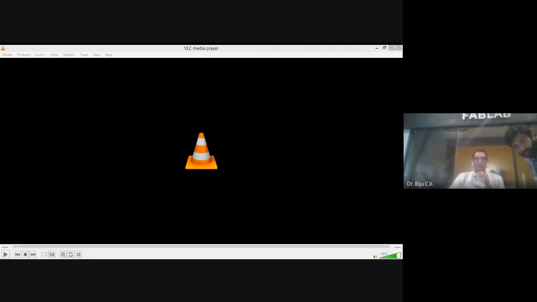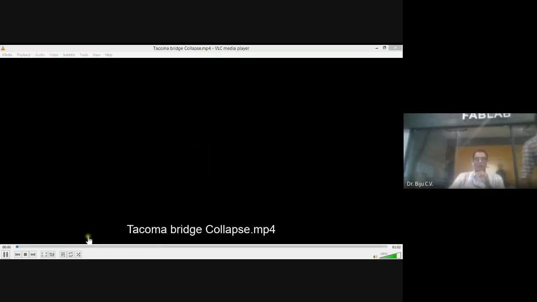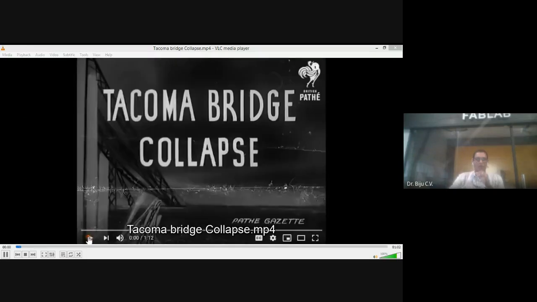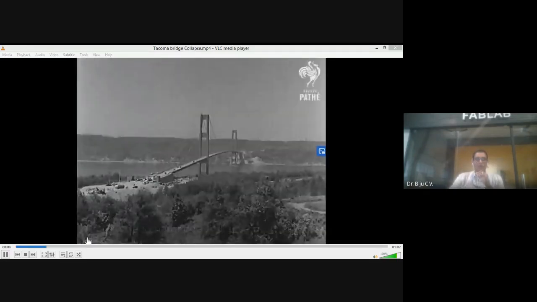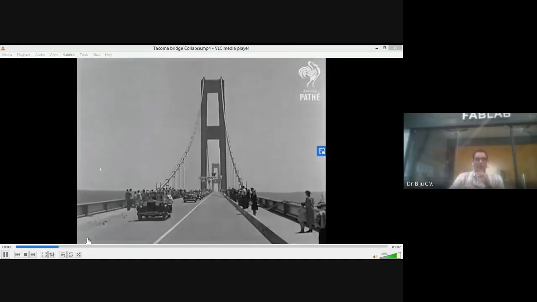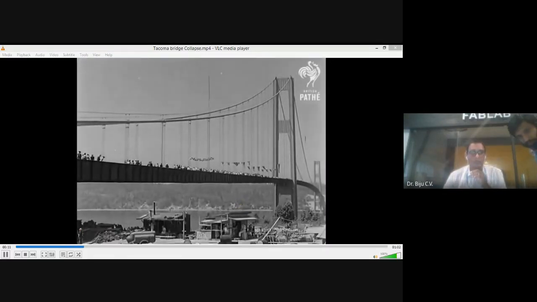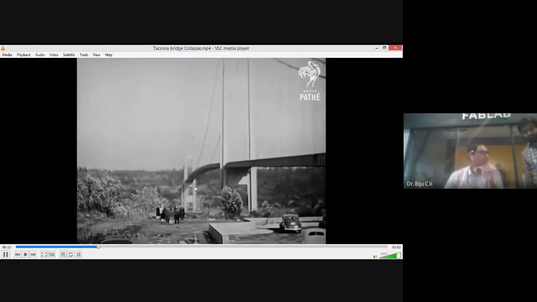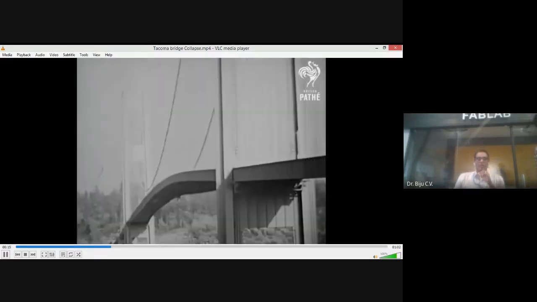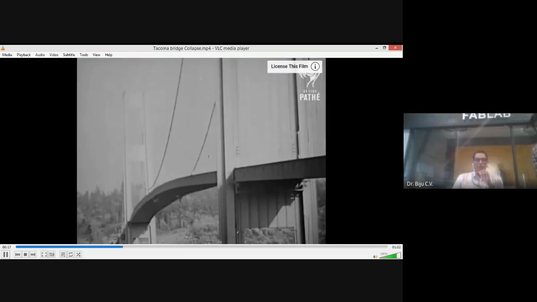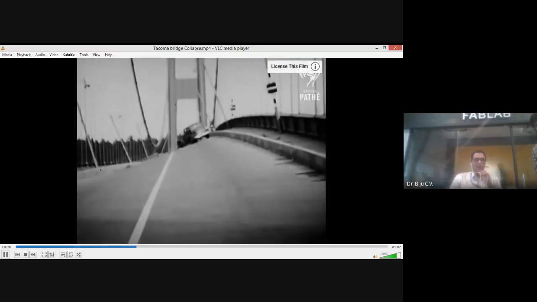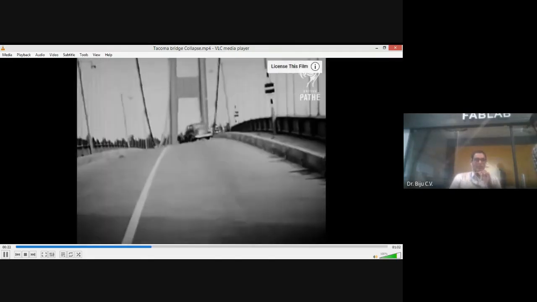The bridge I told you, that is Tacoma Bridge, the bridge that was capable of withstanding 120 km/h wind speed, but that failed at 65 km/h.